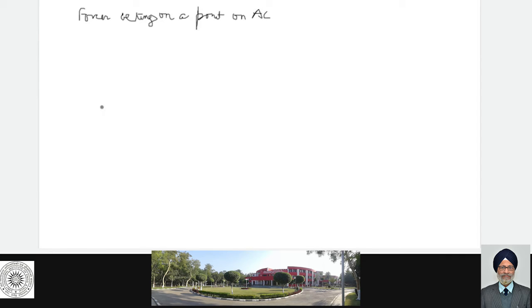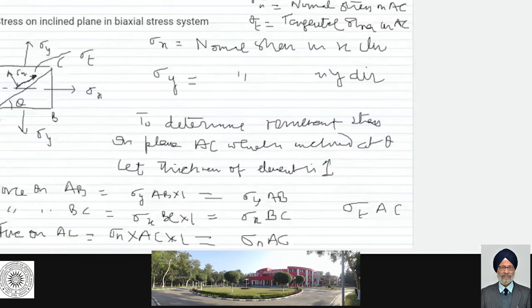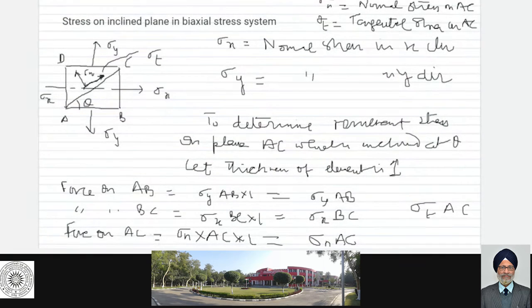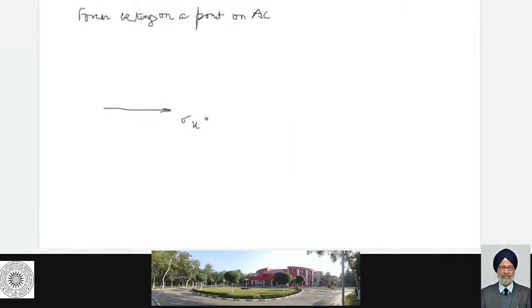Okay, so this is a point. Along the sigma x direction, it will be sigma x into BC, which we have calculated. Right?